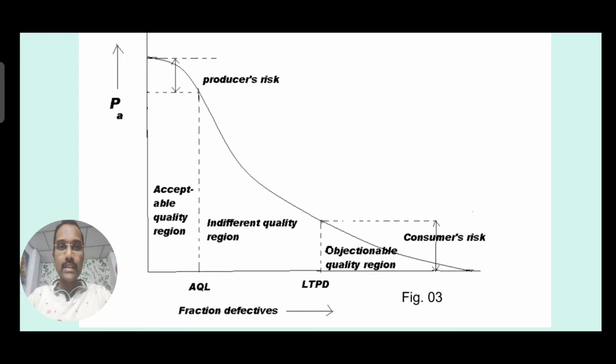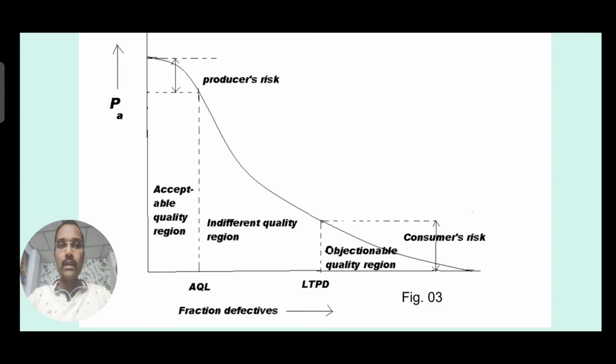One is the acceptable quality region, as we have seen in the ideal OC curve. But in the actual operating curve, not all the lots will fall under this category. It will vary. The next region is the indifferent quality region, IQR. One is AQR, the acceptable quality region, and one is the indifferent quality region.